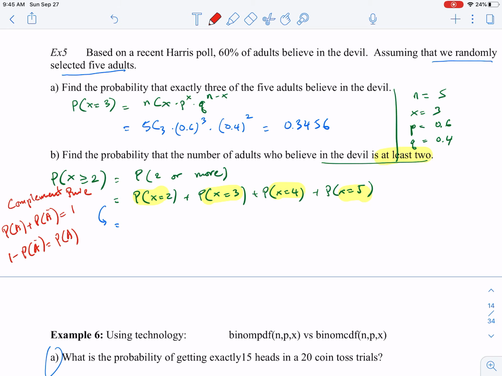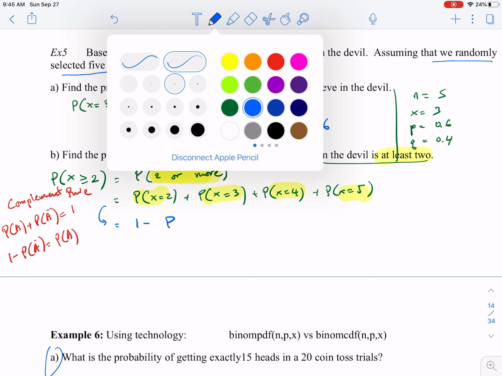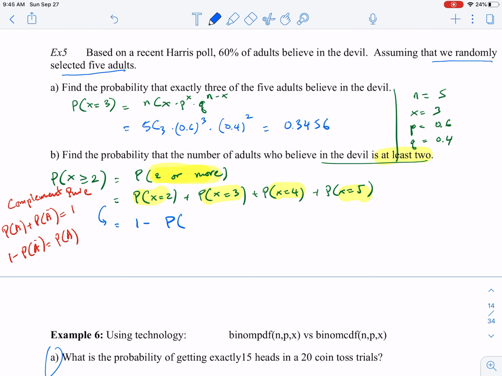So what we can do here is take 1 minus the probability of A bar, the complement, the opposite event. So we can say 1 minus the probability of getting less than 2 adults who believe in the devil, right? Less than 2 means the probability of 0 adults out of 5, or 1.